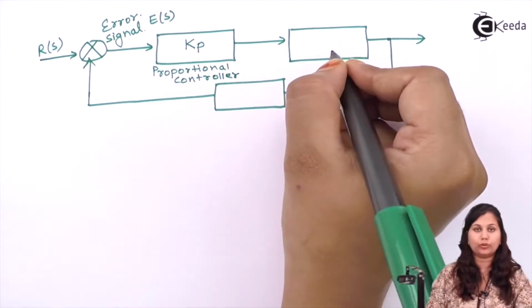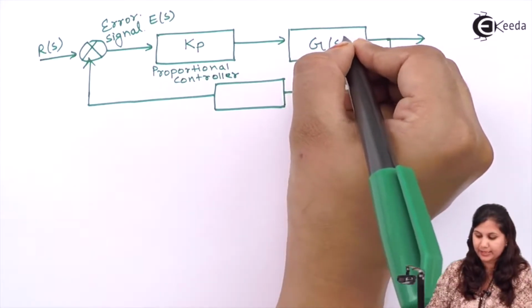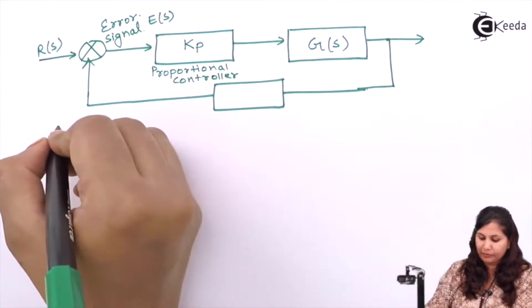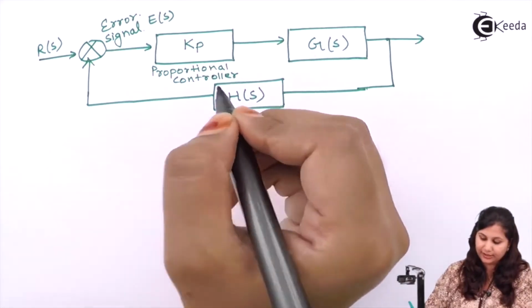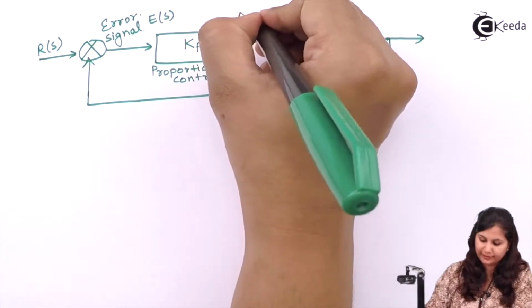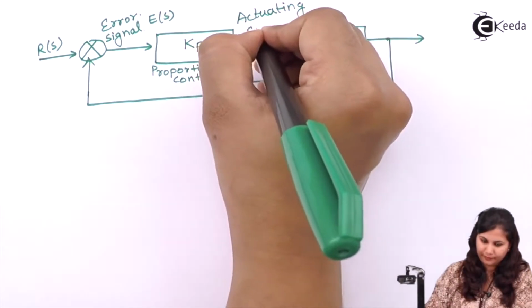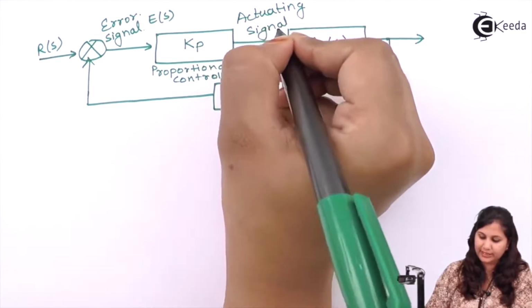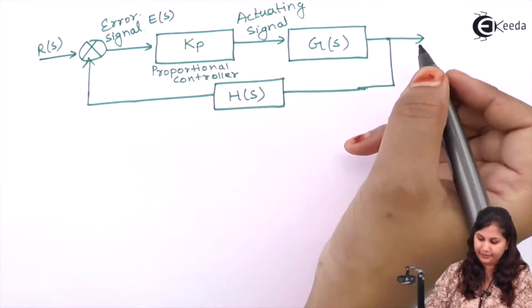Then we have the controlled system, or we can say the plant. The transfer function of the plant is G(s). This is our feedback signal. The feedback element will have the transfer function H(s). This is the actuating signal. So you can see that this actuating signal is proportional to the error signal.